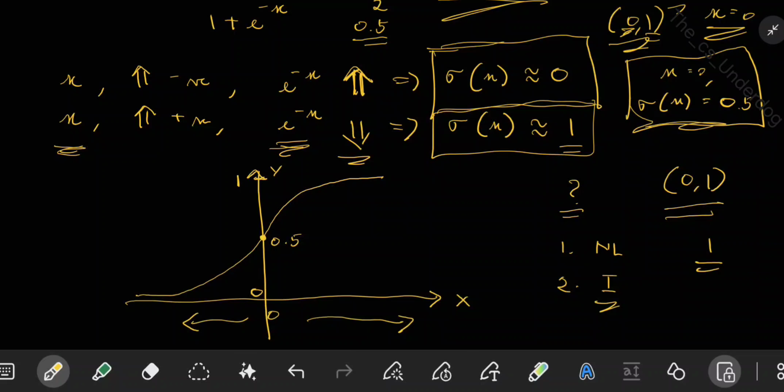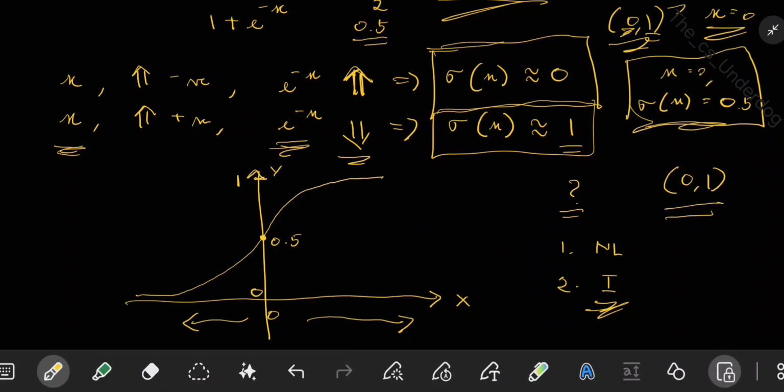When it is 1, that means 100% probability. If it is 0, 0% probability. So whatever value is in between, you can interpret as the probability. This interpretability is a very important reason for considering the sigmoid function as an activation function.